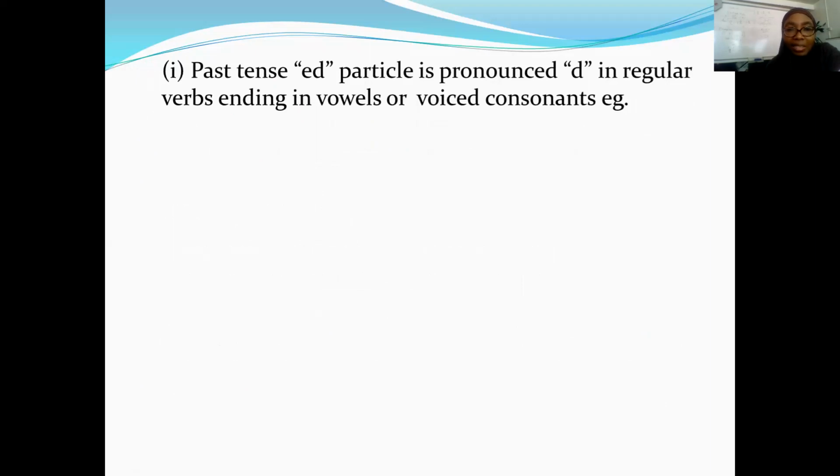Now, the past tense, that is the ed particle, is pronounced d in regular verbs ending in vowels or voiced consonants. Example, you have the word climbed. Remember that the b sound in it is silent.